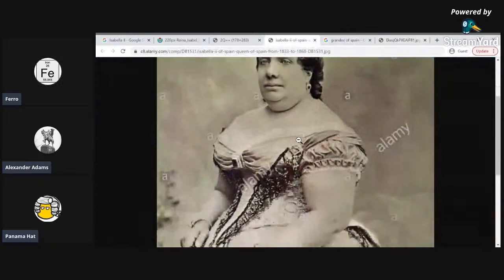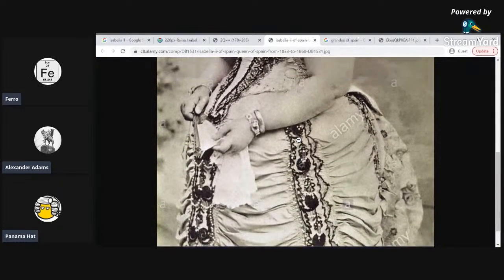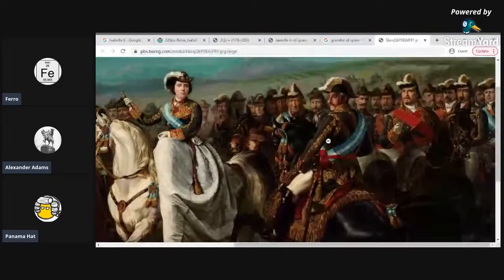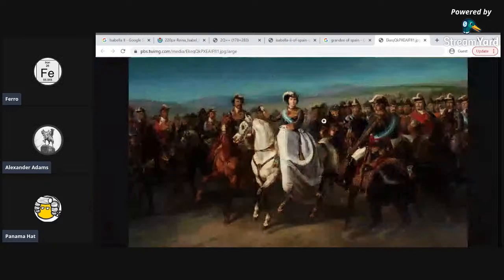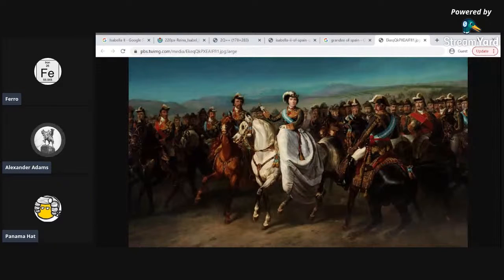She's just so large. So I quite like the painting though. I like all the noblemen. It's a bit like those memes of the God Emperor, you know those memes where you can put the face onto the general.